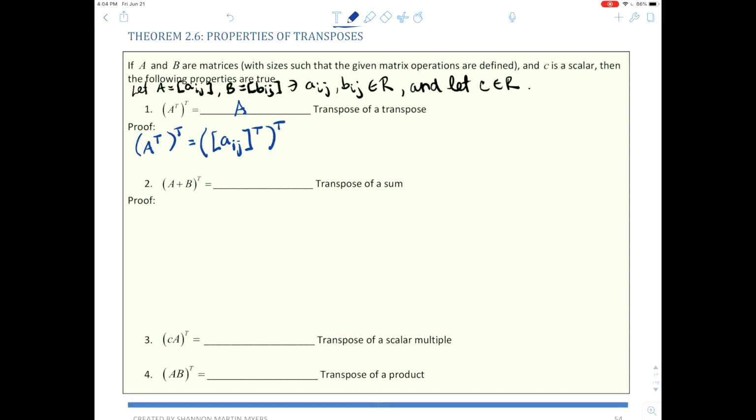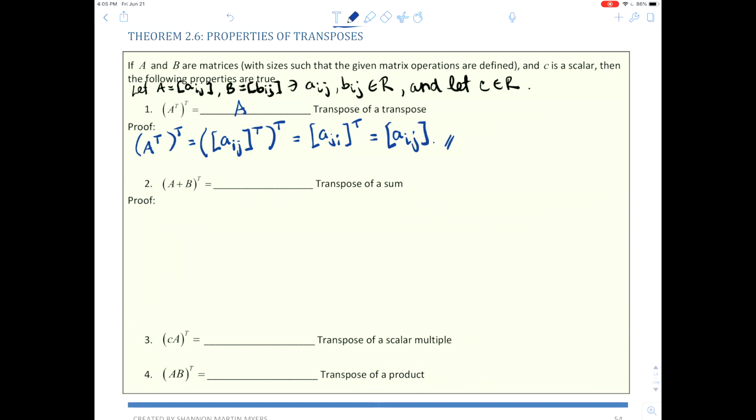Good so far? Well, what's that going to equal? That's going to equal Aji, and that's going to be transposed. And what's that going to be? Beautiful, Aij. And that's what we had to show.